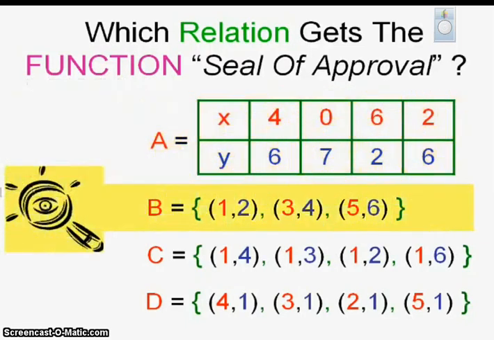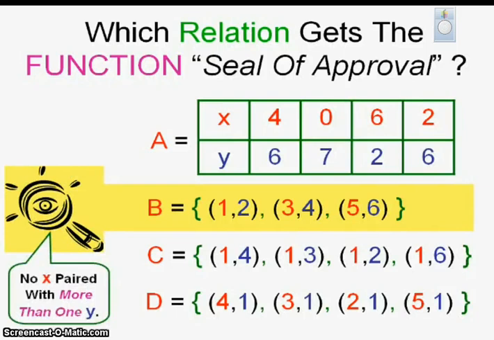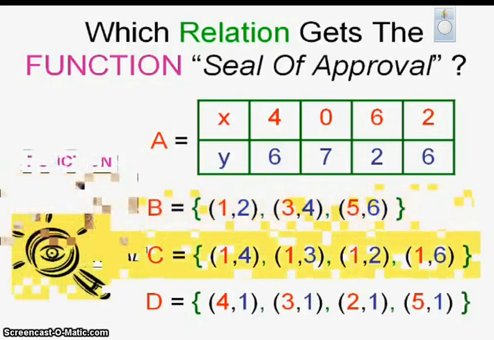Now, let's look at relation B. All the x's are different. That's probably the easiest way to do it, isn't it? No x is paired with more than one y. So once again, we have a function here, a relation that is a special type of relation, a function.